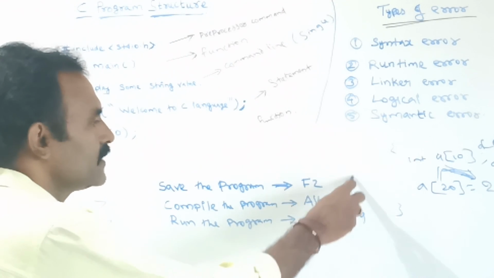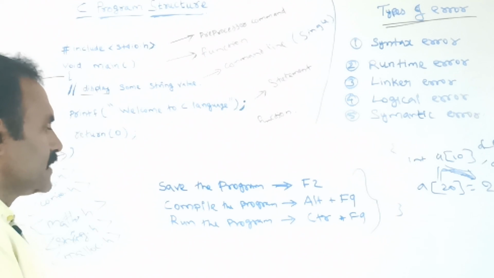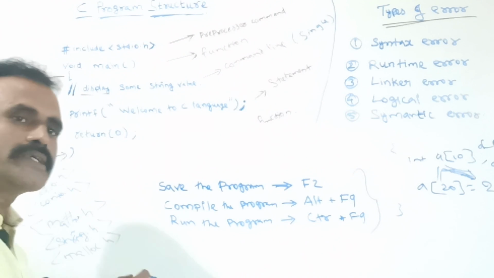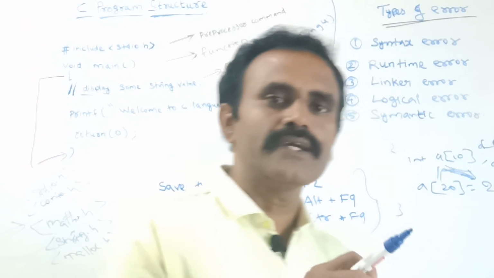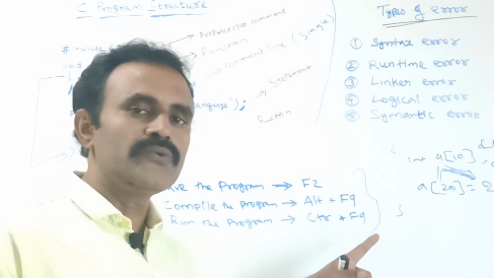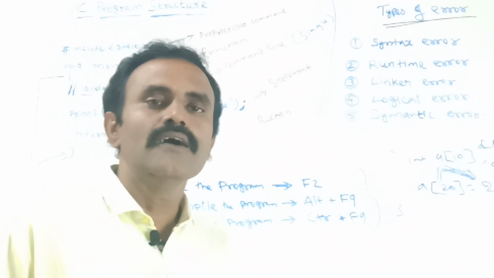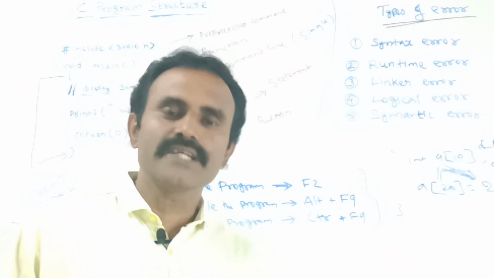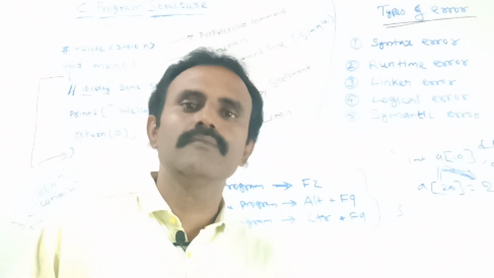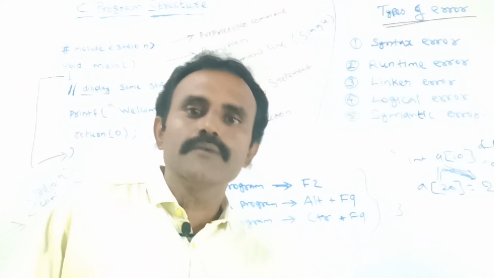This is the shortcut key. In the C editor, we can also do the process with the help of the menu. So in this way we can write the program, save the program, compile the program and run the program.